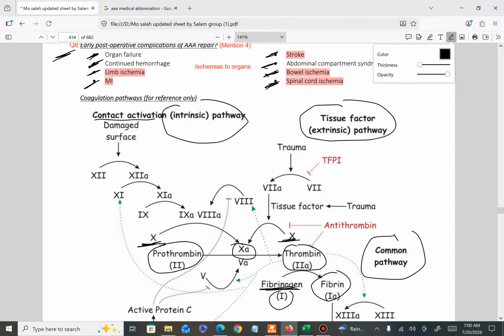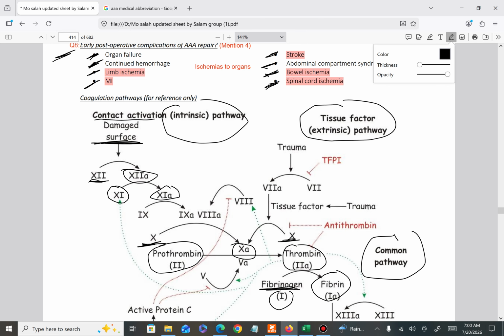So the intrinsic pathway starts when there is vessel injury or a damaged surface. The damaged surface causes activation of factor 12 to activated factor 12. Then activated factor 12 causes activation of factor 11 to activated factor 11.